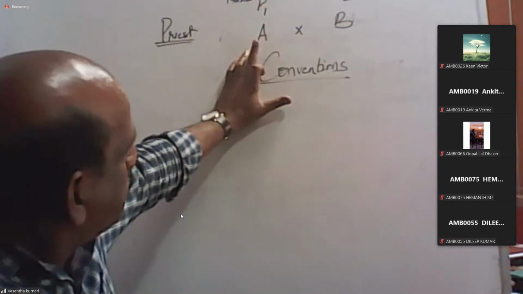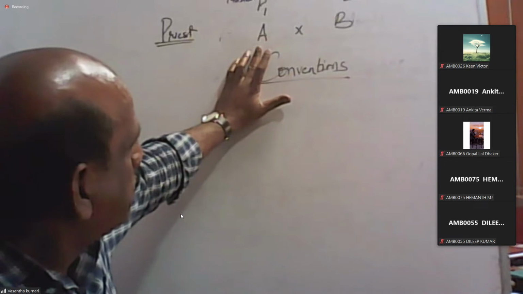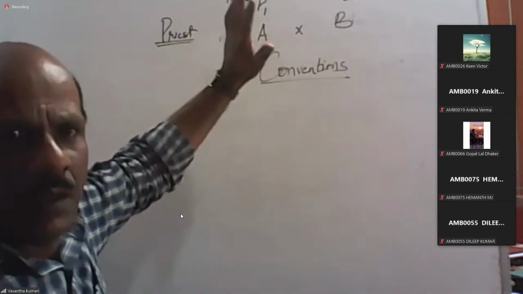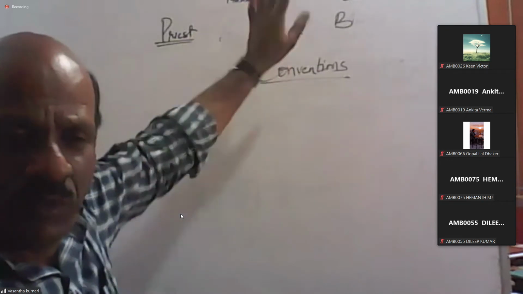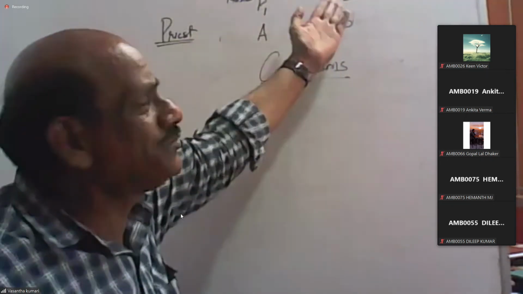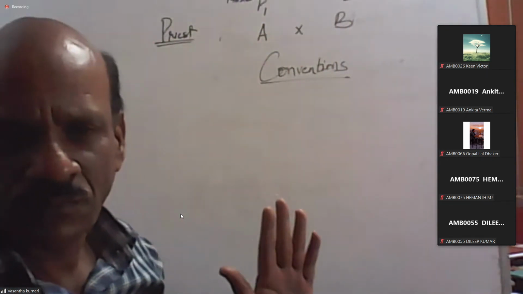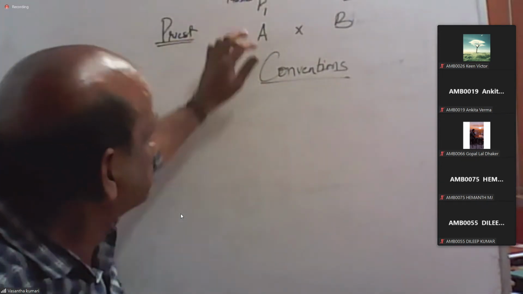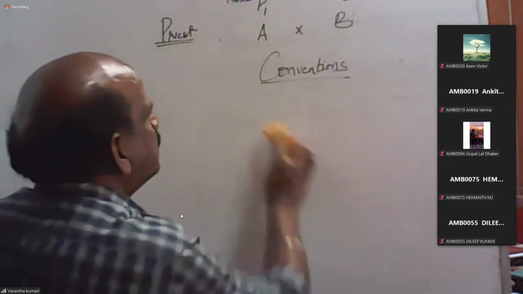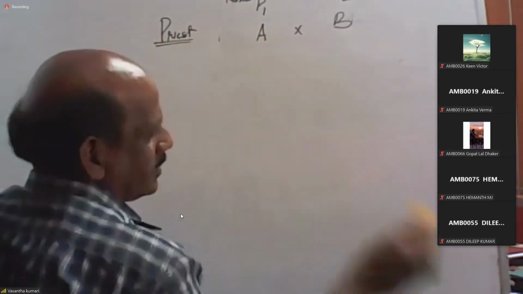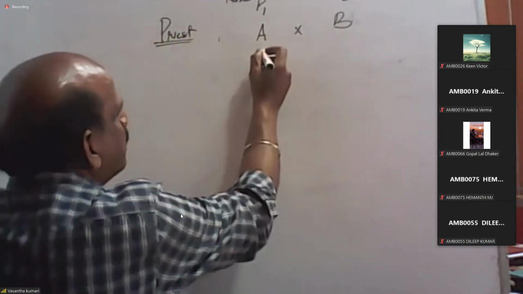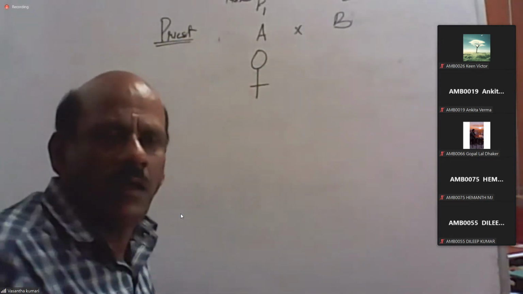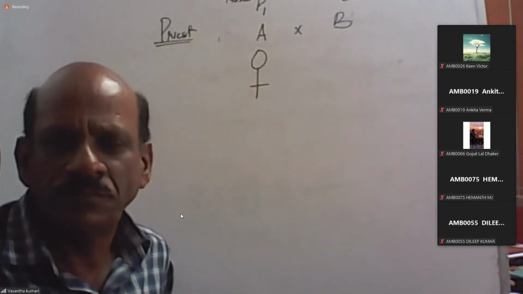When I write P1, it is parent 1. P1 stands for parent 1. P2 stands for parent 2. Is that clear? Now the first parent is always female.